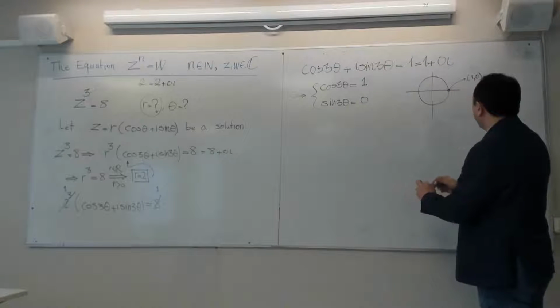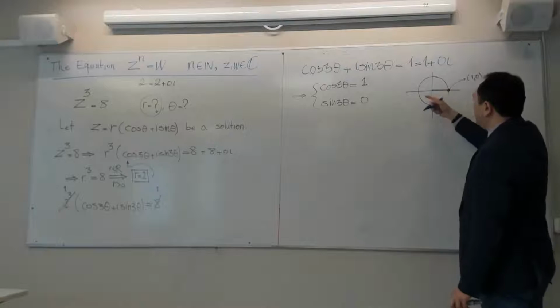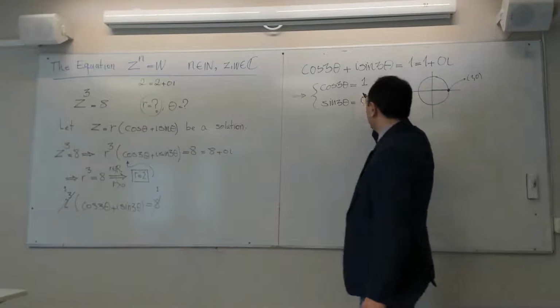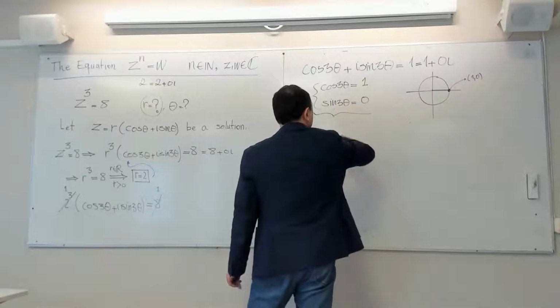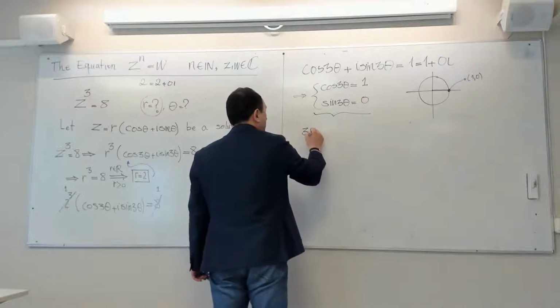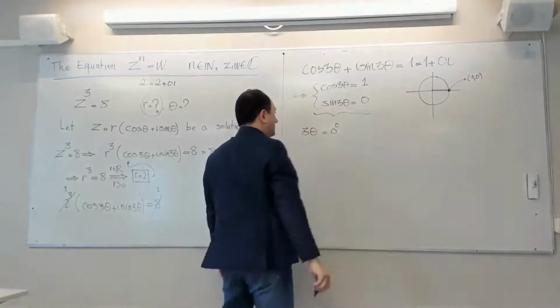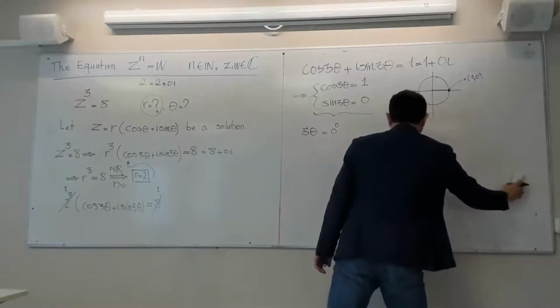So what is the angle corresponding to this final point? I just connect it to the origin, and then you see that that angle is 0. So this implies that from these 2 equations, I get that 3 theta is 0 degrees. Let me write it in radians.